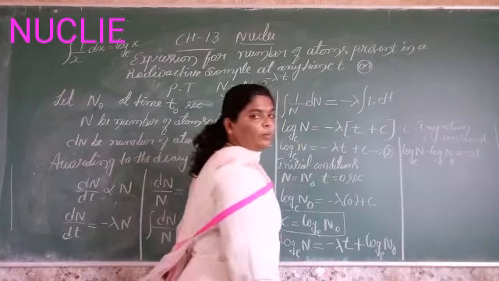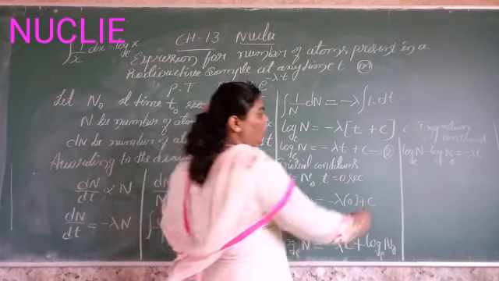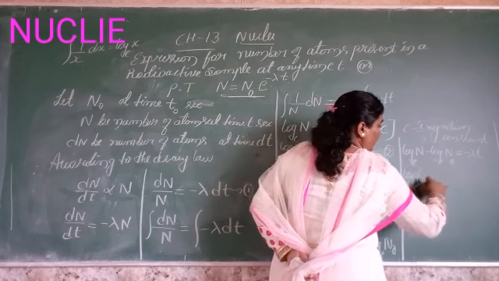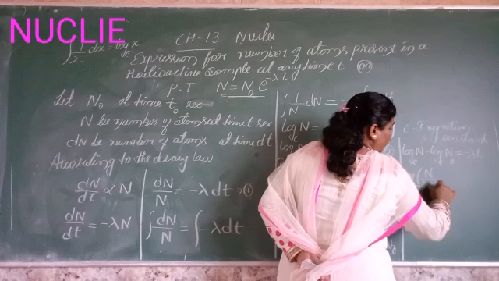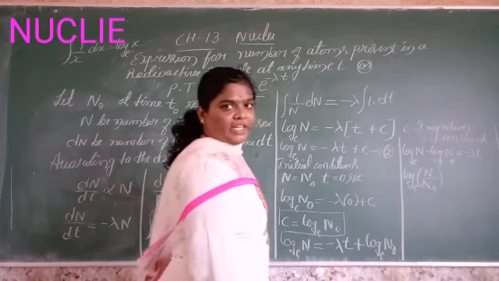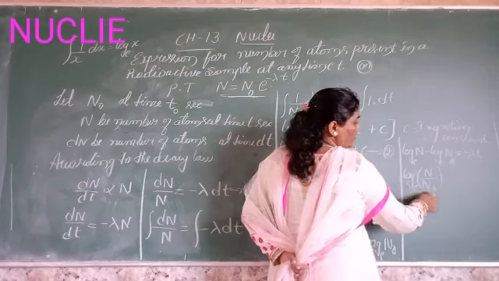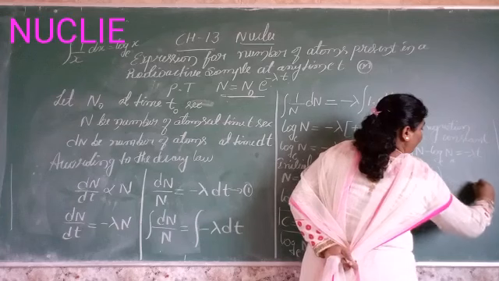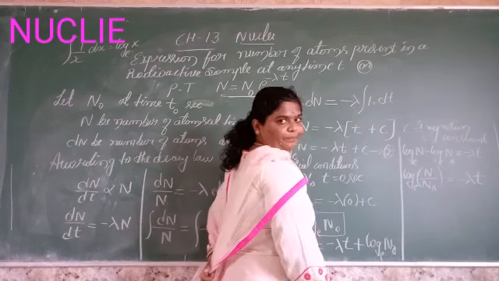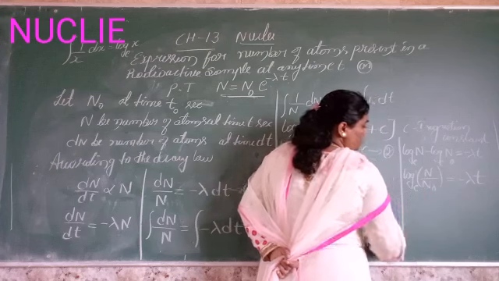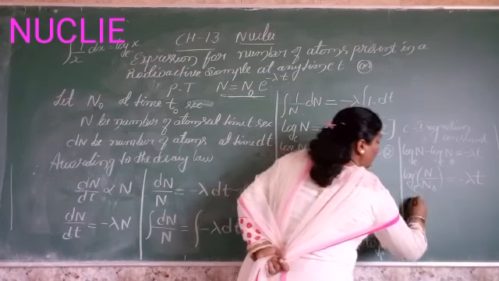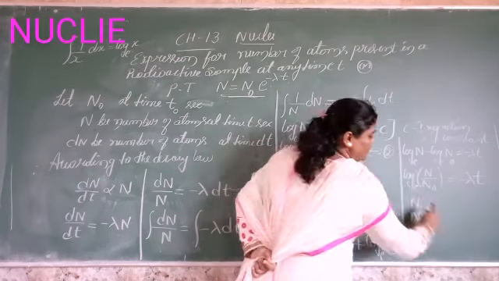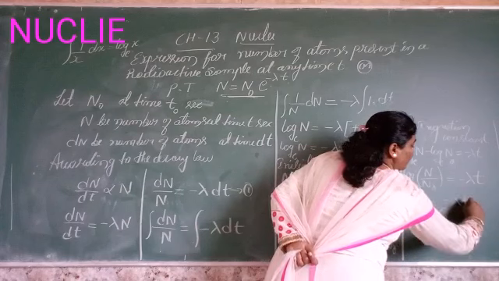According to the properties of logarithm, this is log base e n divided by n naught, which is equal to minus lambda t. Taking the exponential of log base e, n divided by n naught is e to the power of minus lambda t.